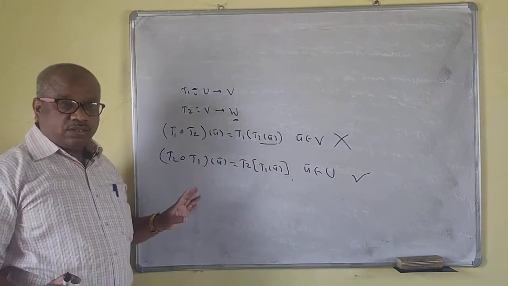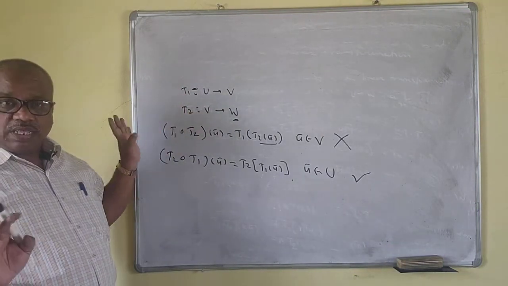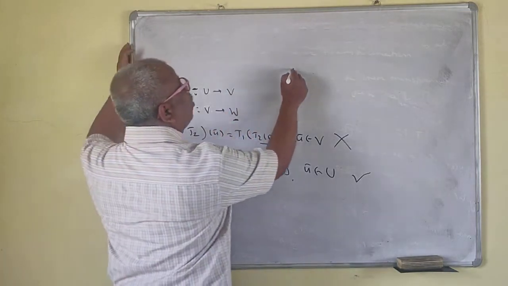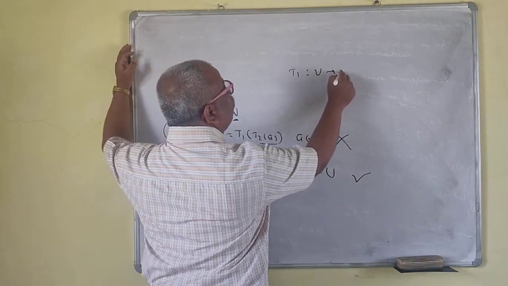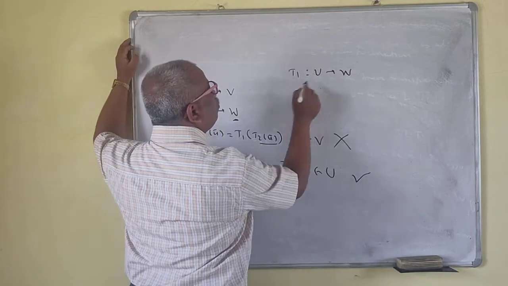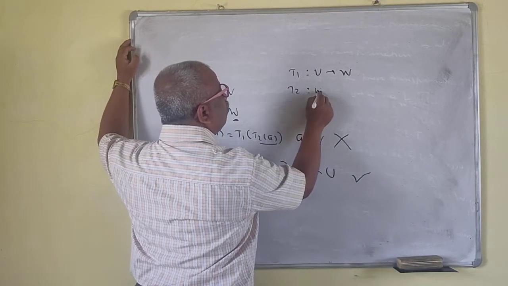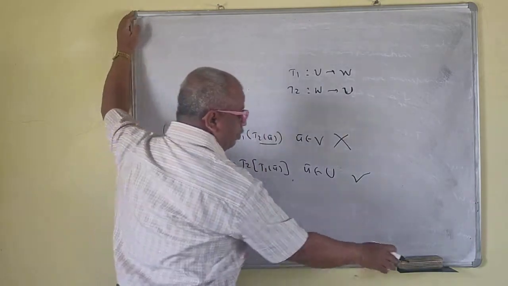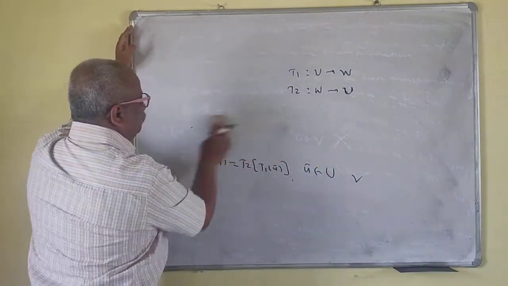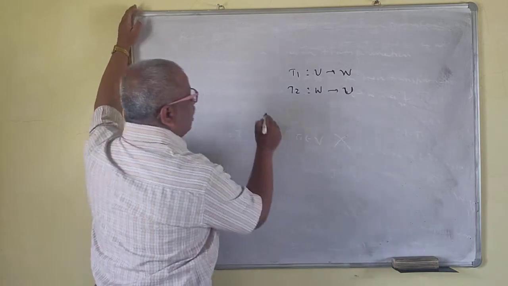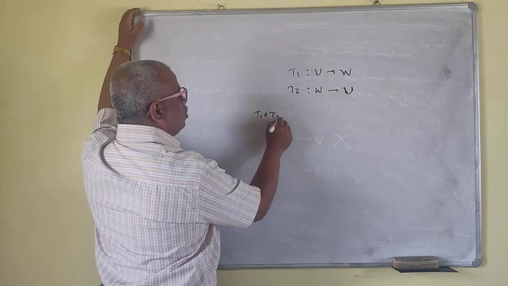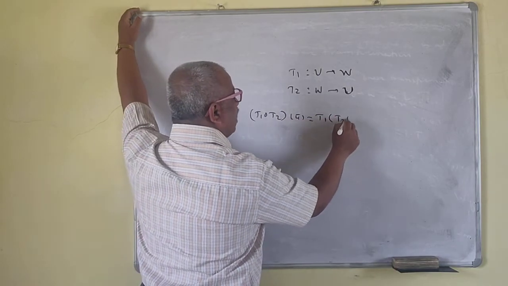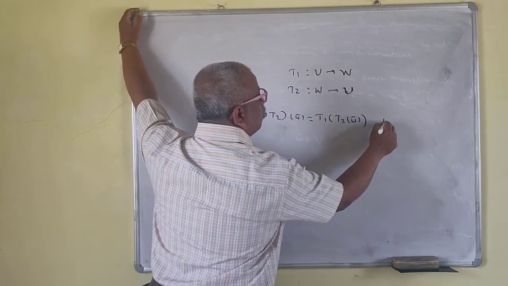So note that domain and codomain play a very important role for the composition. Suppose T1 is from U to V and T2 is from W to U. Now see which composition exists. T1 compose T2 of U bar: we write the definition and decide where U bar is.